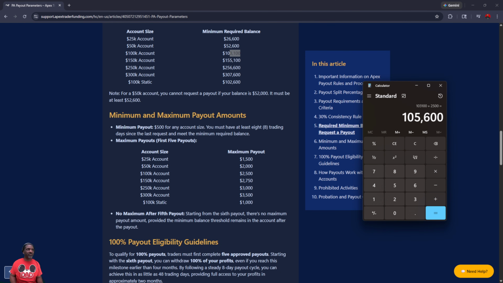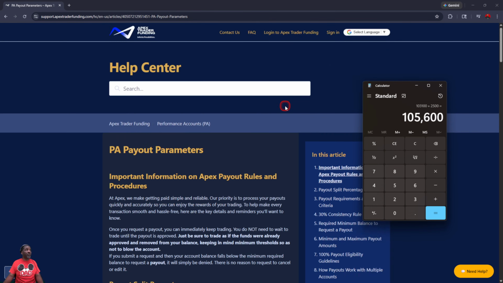So with the 100K, you got to make 6,000 to pass it. Then once you make 6,000 to pass it, you pay the $75, and then you can request 2,500 after you make 5,600, right?